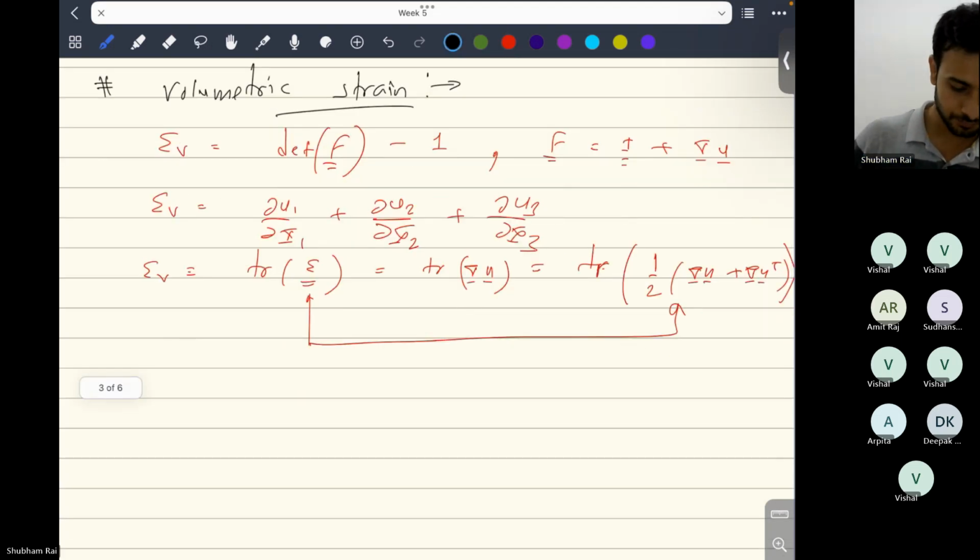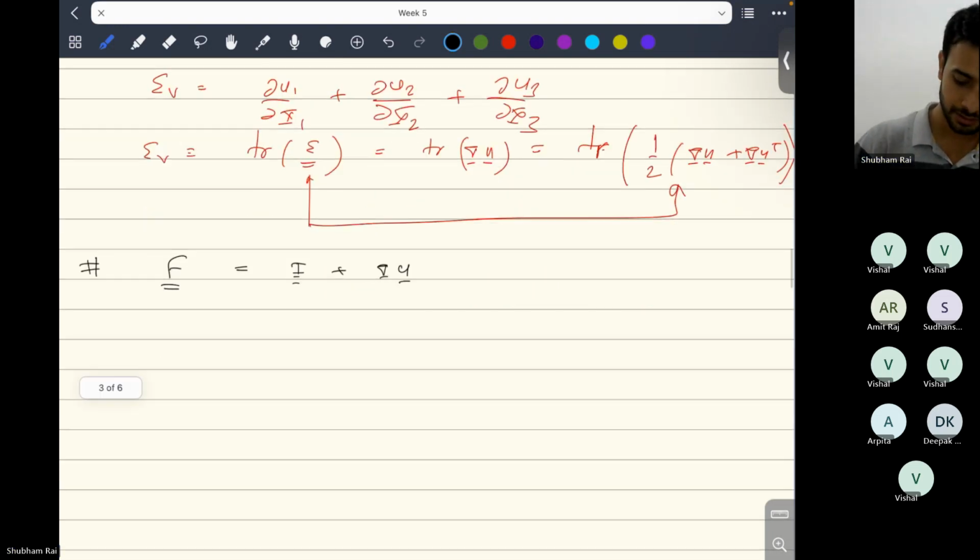Now you would also have studied that we can write the deformation gradient tensor as the identity tensor plus the displacement gradient tensor, and this displacement gradient tensor can be written in terms of a symmetric and an antisymmetric matrix.